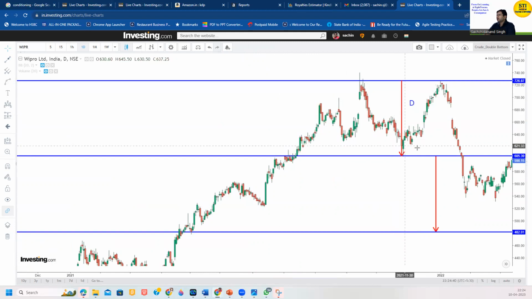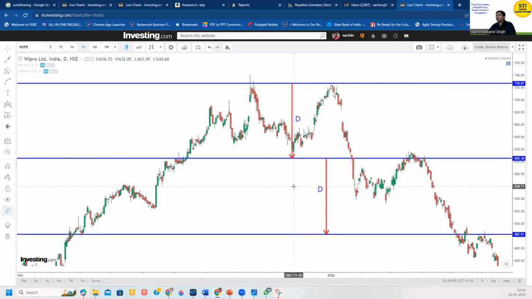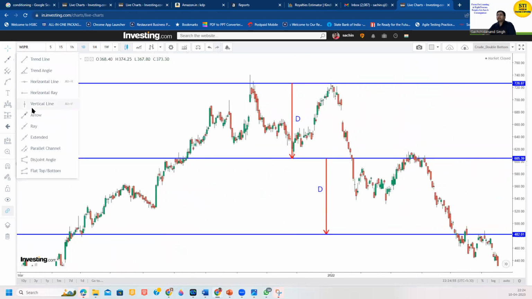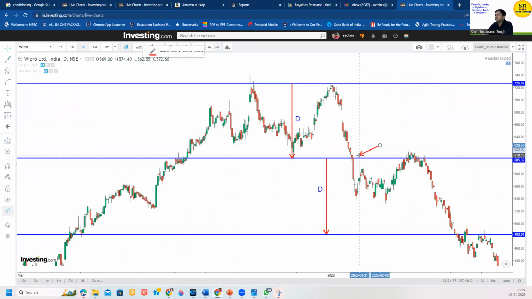So D equivalent to D, we got another D, and this is going to be our first target. So suppose if anybody is entering, what is the right point to enter? In this example, this particular price point change is the ideal situation to take an entry into the market.